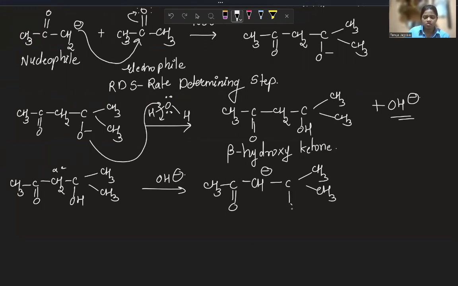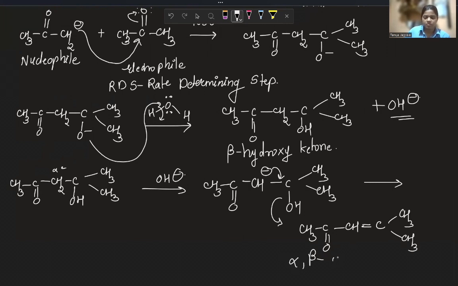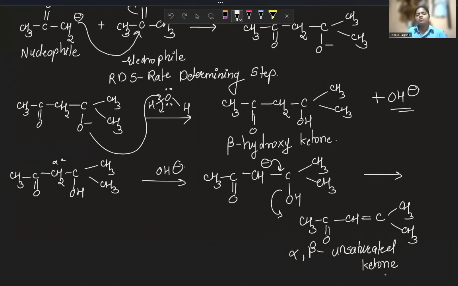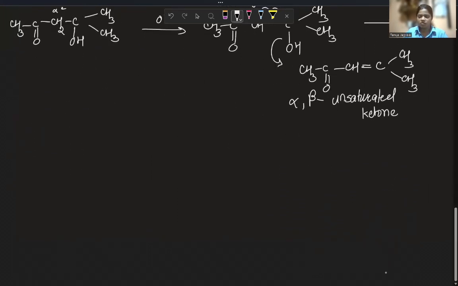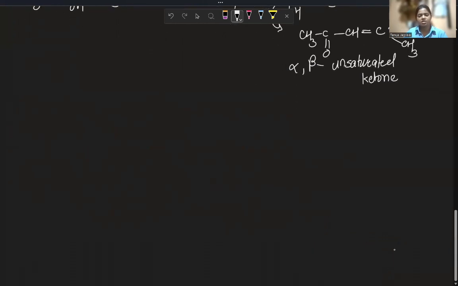Further, this carbanion will force the OH group to leave and it will form alpha beta unsaturated ketone. So this is the mechanism which occurs in the presence of the basic medium.